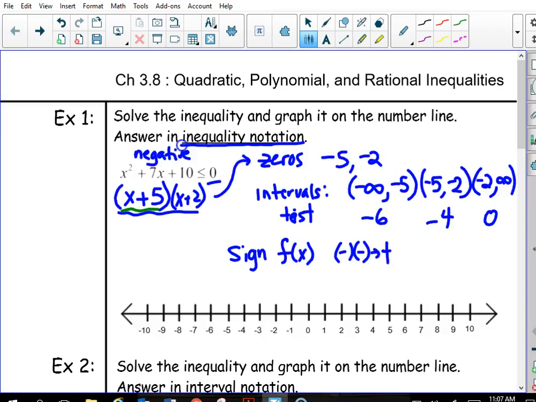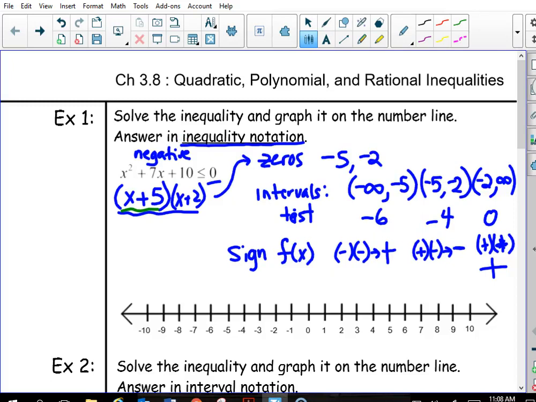Now, two negatives lead to a positive, so my function is positive there. Let's try the same thing with a -4. If I plug in -4 plus 5, I get a positive. And I plug in -4 plus 2, I get a negative, which gives me an overall negative. Same thing with 0. I get a positive times a positive. That gives me an overall positive. You should expect that the signs will flip-flop the same way we've seen them in the past.